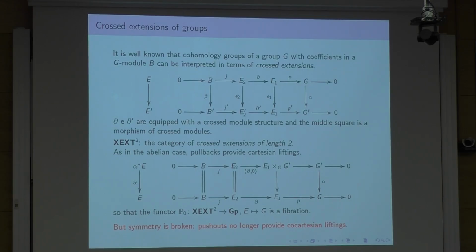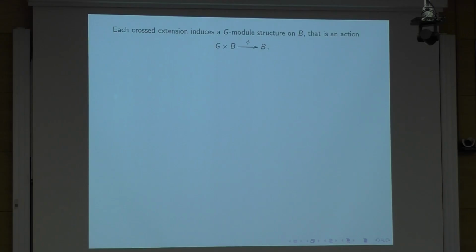So what we can do is to fix a group G, and considering that we have a G module structure on B, we can construct co-Cartesian lifting only along G module morphisms with fixed G. Beta from a G module (B, phi) to (B', phi').